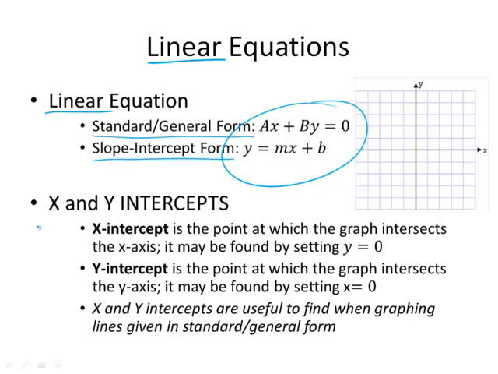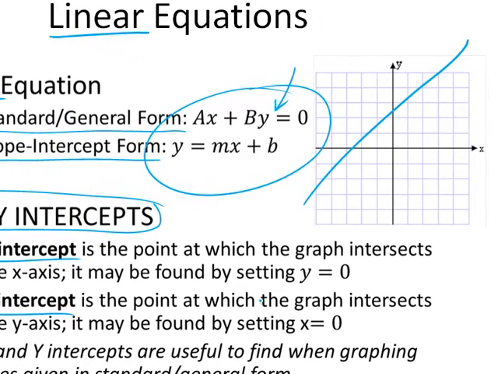So you also have x and y intercepts. This is a key concept because it helps you graph equations in general form when you find the x and y intercept. You may also be asked to find the x and y intercept at any point. So let's talk about how that happens.